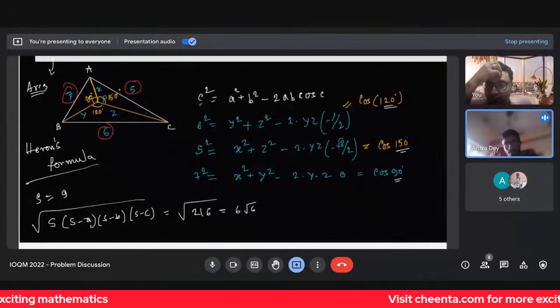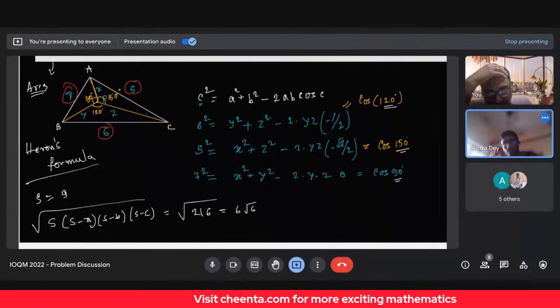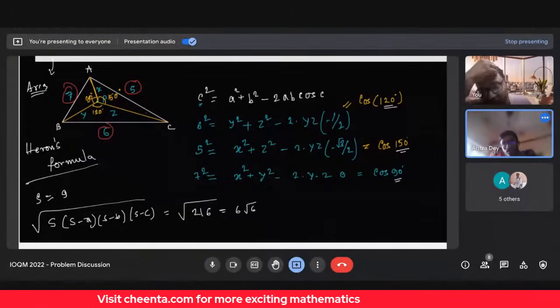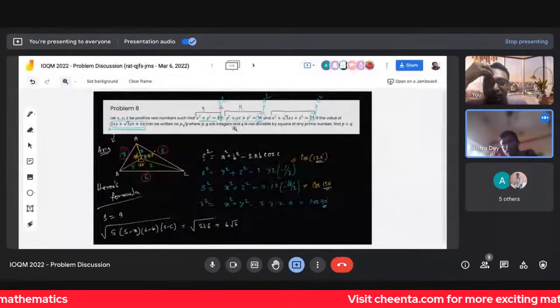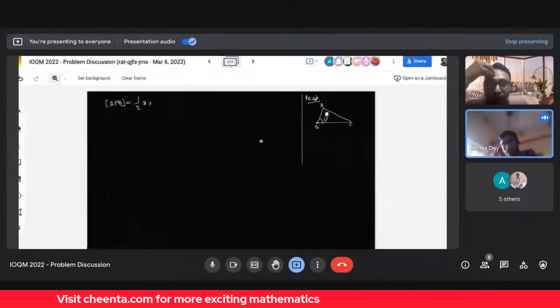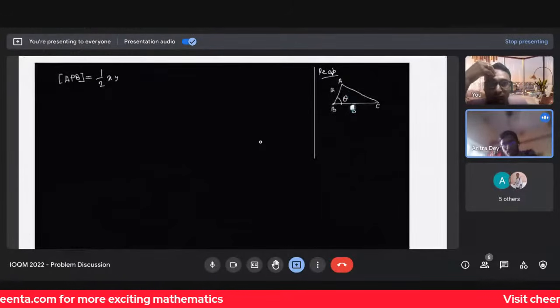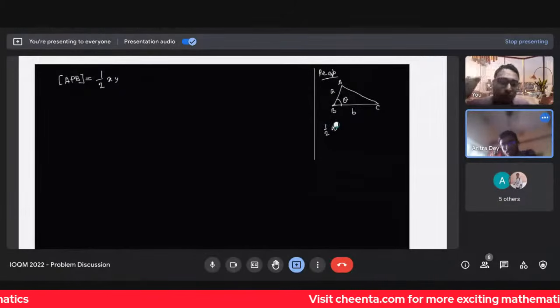Here is a quick recap, and if you know it, that's a very good thing. If we have a triangle ABC and the intermediate angle is theta, and this side is A, this side is B, I'm not taking the usual notation, then the area is basically half AB sine theta.